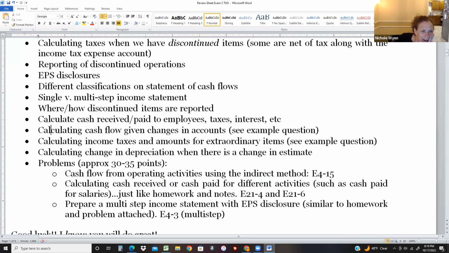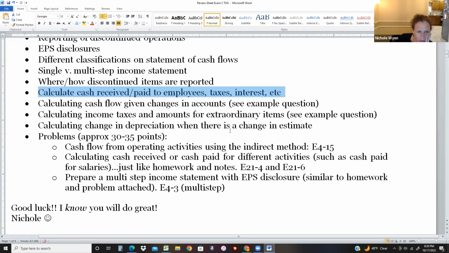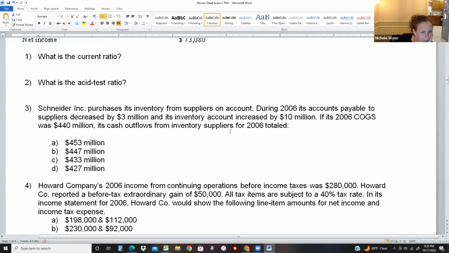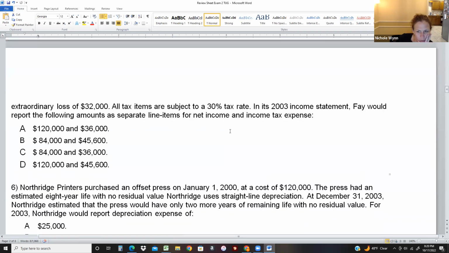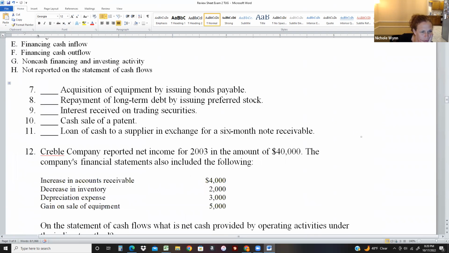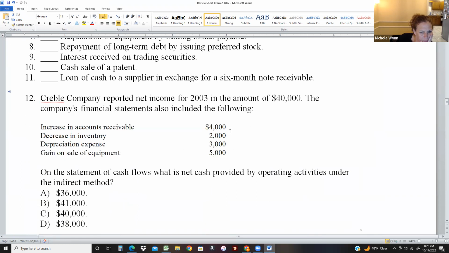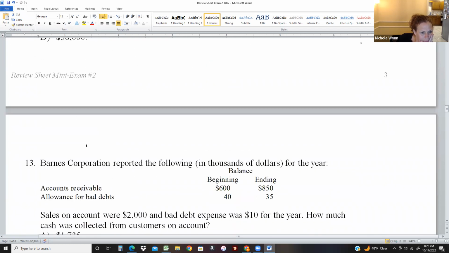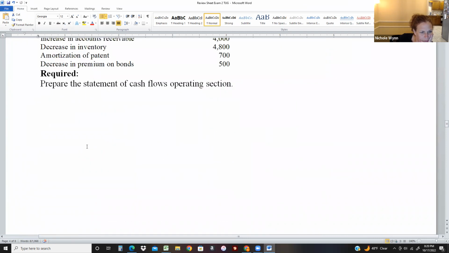All right. I was just talking through this one and I just did 2 practice multiple choice ones. Calculate cash flow given changes in accounts. Is this the example question? Which one is that one? Cash flow given different accounts. This is a good one for multiple choice.